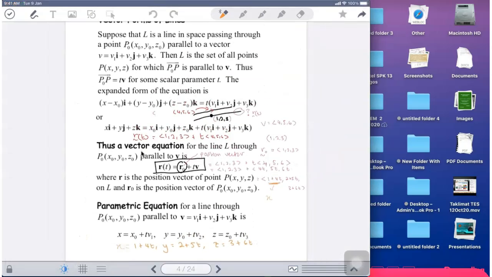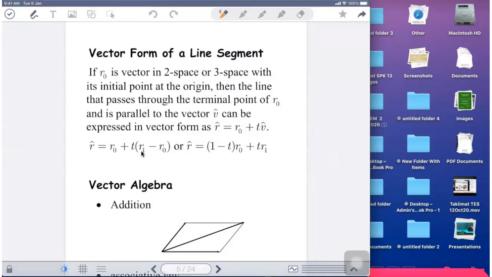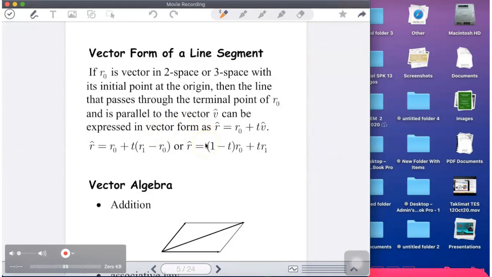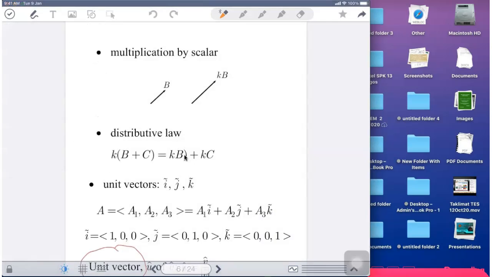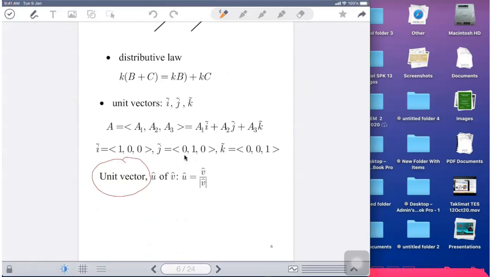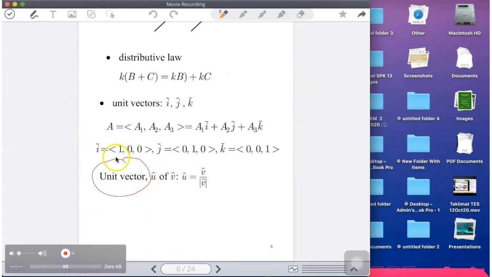Just a revision. Then some properties of vector algebra, addition and multiplication, are very useful. You need this again for this semester. How can you obtain the unit vector?